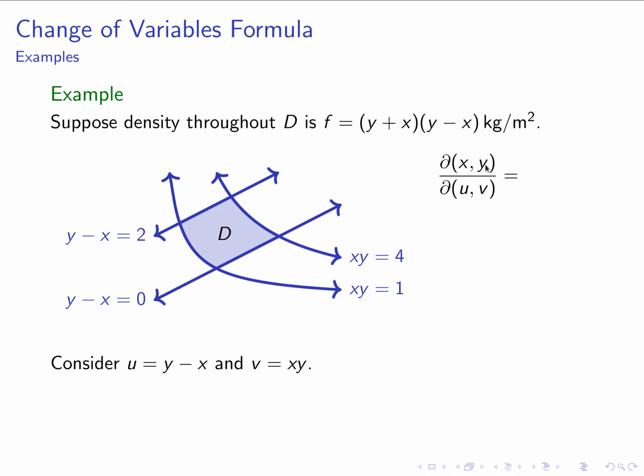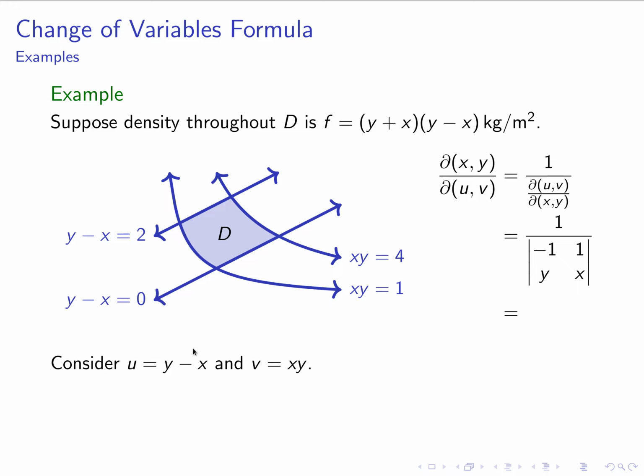The partials of x and y with respect to u and v should be the same thing as 1 divided by the partials of u and v with respect to x and y. And we can calculate the partials of u and v with respect to x and y here. The partial of u with respect to x is negative 1. The partial of v with respect to x is equal to y.